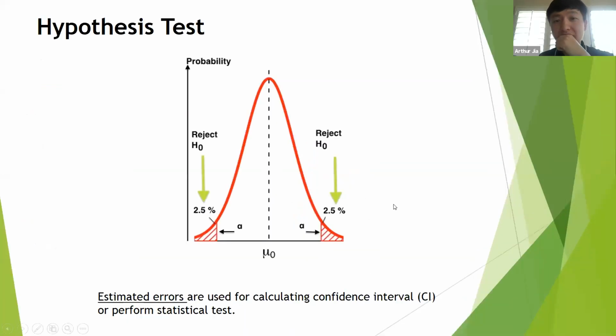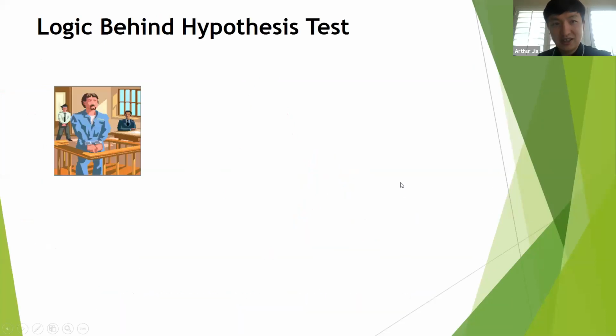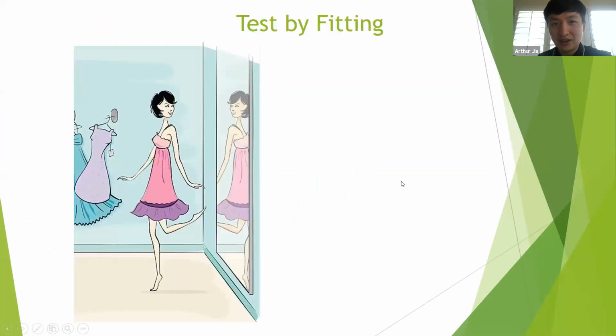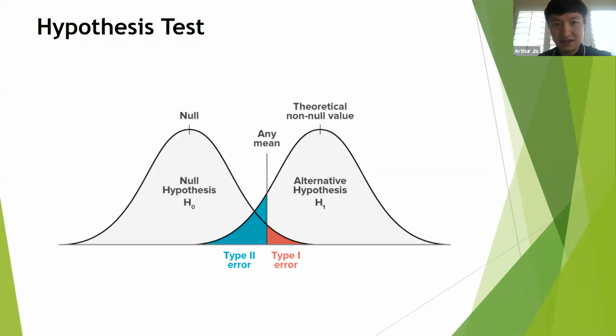All right, so I think we're done with these slides, right? Okay, let's move on. This is what we covered last time. We have two dresses here. One is the null hypothesis dress, and the other is the alternative dress. So we fit ourselves into the first dress to see if we are fitting or not.